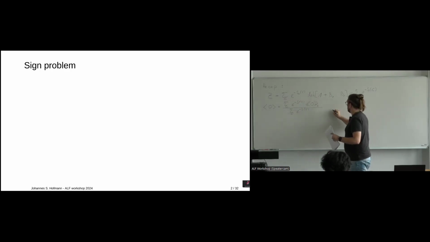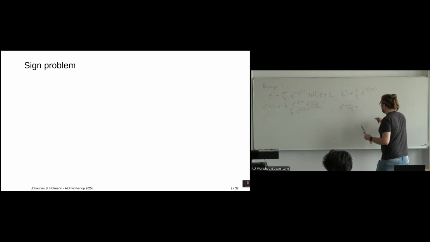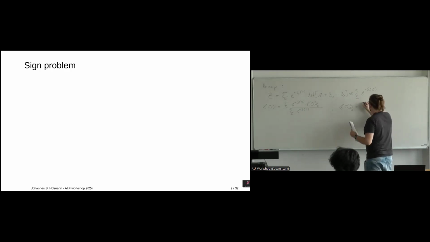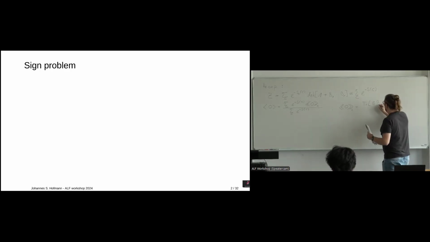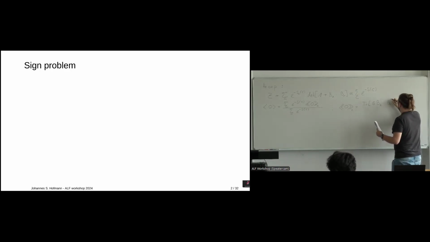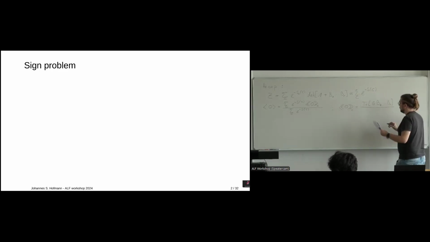Let me also remind you that the observable for a given configuration was written in a form where we had the fermion trace of the operator for all these B matrices, V1 after the Trotter decomposition and Hubbard-Stratonovich transformation.